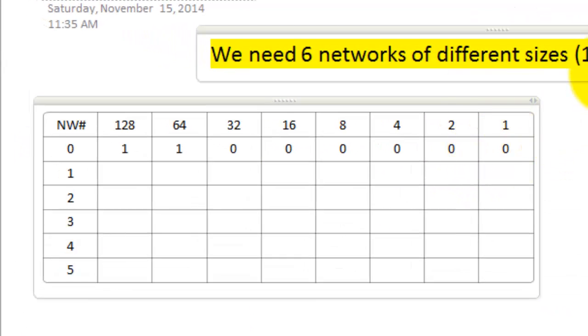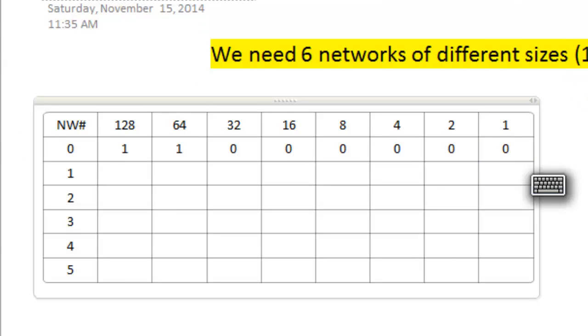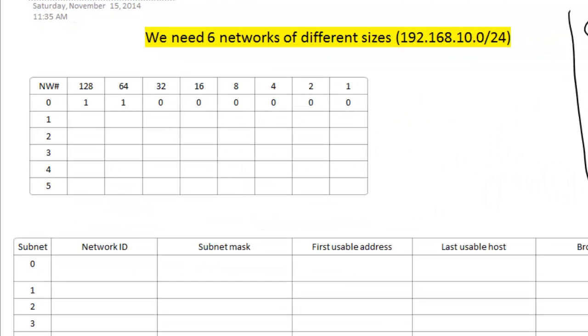If you want to do this manually, we know the IP address has 2 portions: the network portion, which is the ones, and the host portion, which is the zeros. Here we have how many zeros? 1, 2, 3, 4, 5, 6.